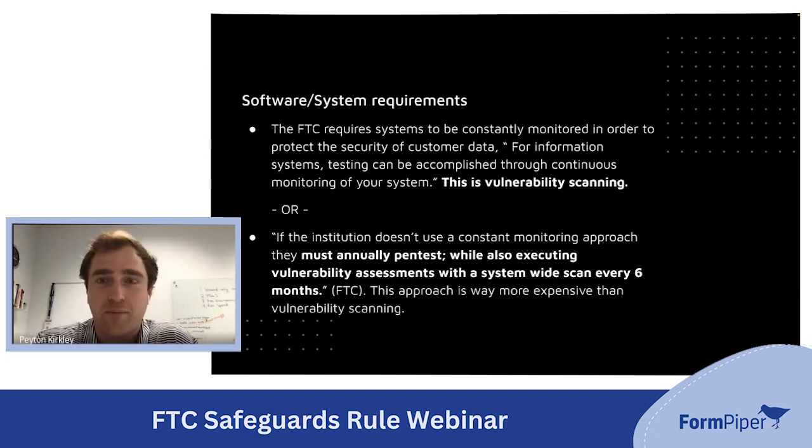And then that other option is actually having a hacker come in and perform a penetration test once a year, and then having a vulnerability scanner run a new vulnerability scan every 6 months. And yeah, those would be the two options here.